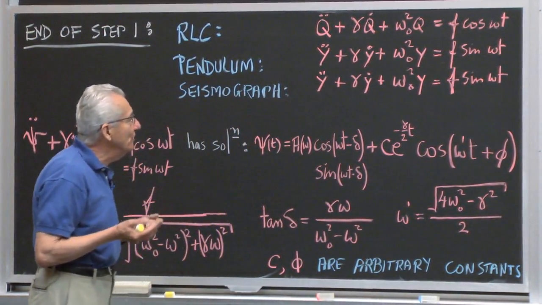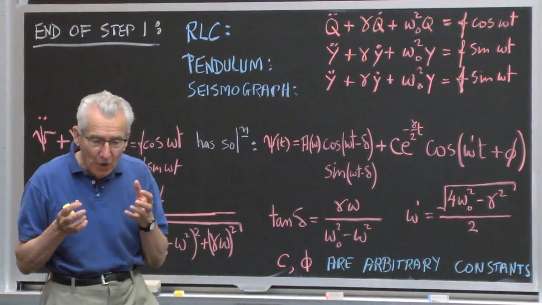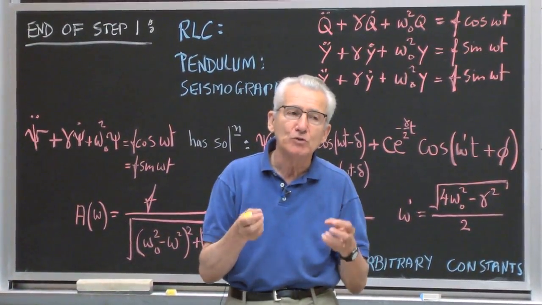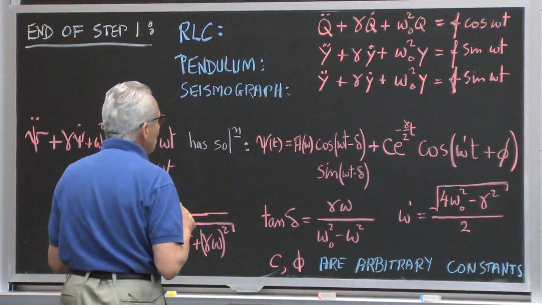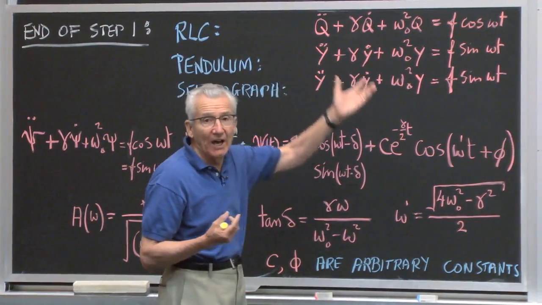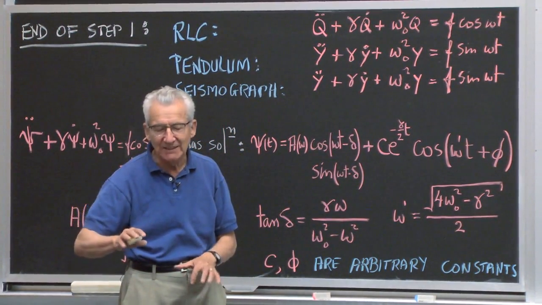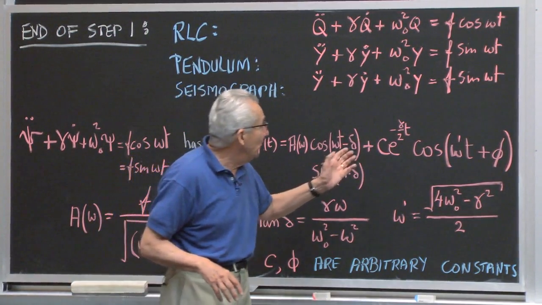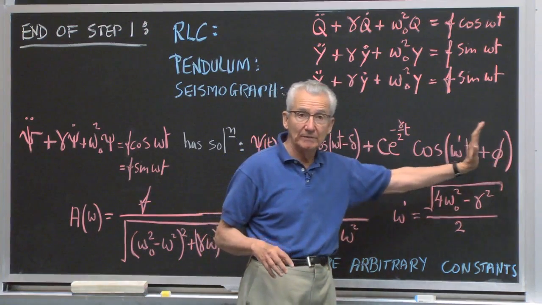And the question in this case was, what value of k over m makes it most sensitive? That's equivalent to asking the question, after a long time, this earthquake has lasted a long time, the so-called transient, this term, dies away.